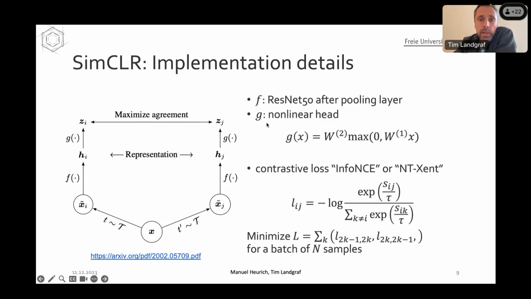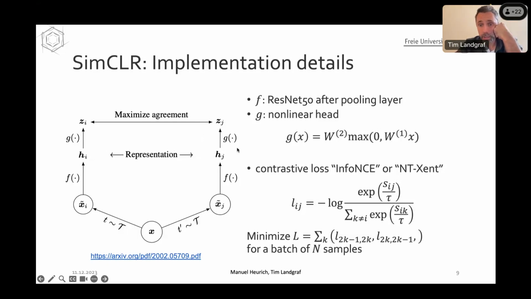The nonlinear head, G, is basically only applying ReLU to the first projection, and then projecting it a second time. So, a simple, fully connected neural network here.